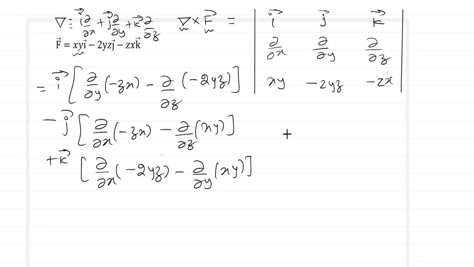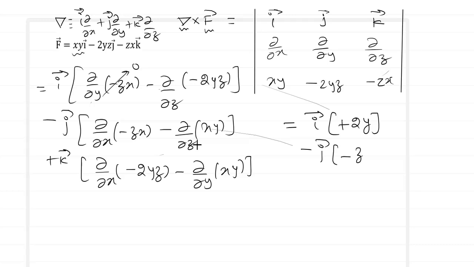Now we'll have to evaluate this quantity. Is there any y in minus zx? No, this will become 0. So it is i times of, with respect to z, minus into minus plus 2y. Minus j times of, what is the second component? x times of minus zx. With respect to x, it is going to be minus z. How about y? The second component is with respect to z. No z, so this will become 0.